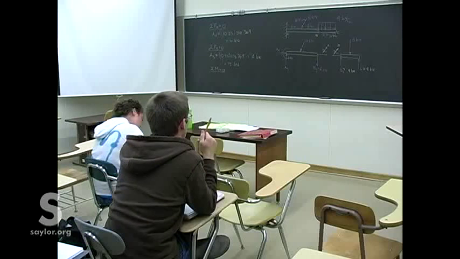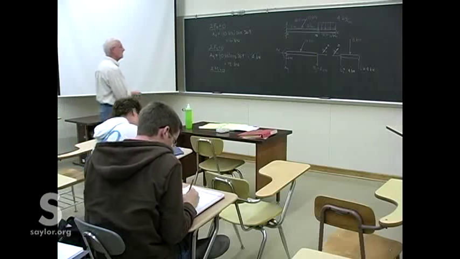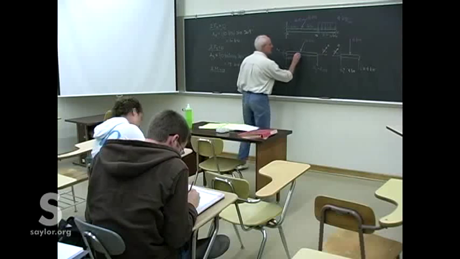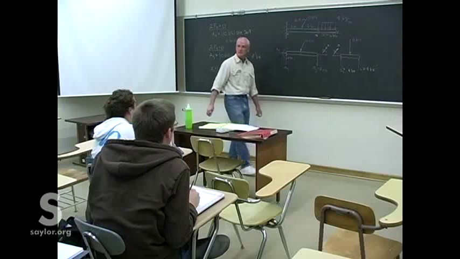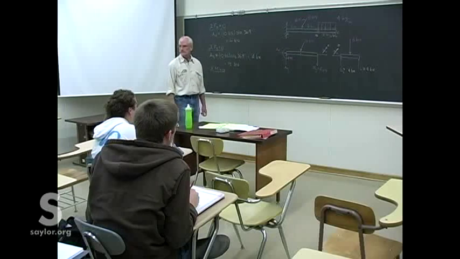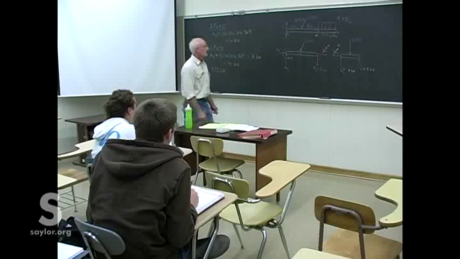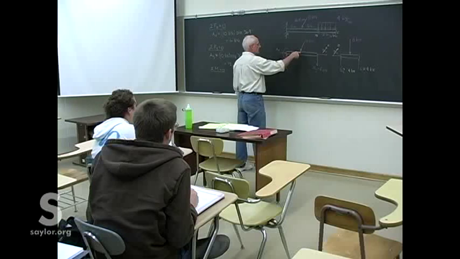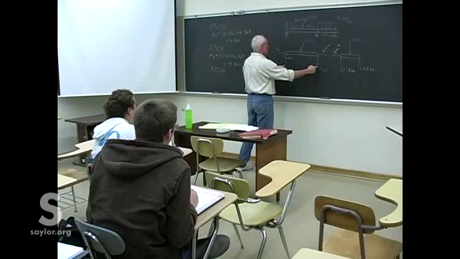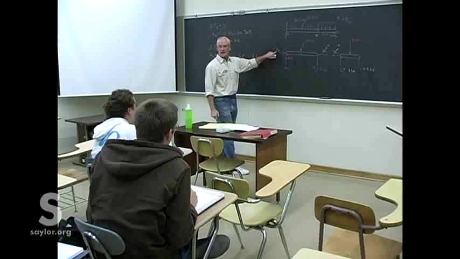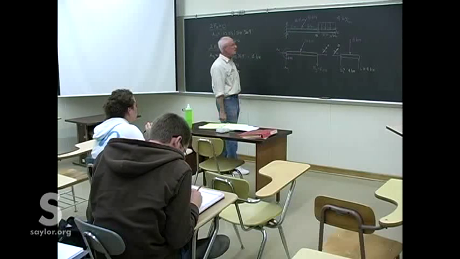So maybe about this point. The force passes through, which takes that force out of it, leaves those two in, and takes AX out of it because it goes through there. So we still have two forces.